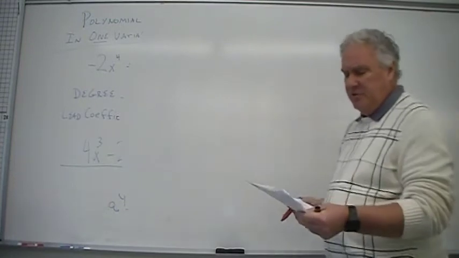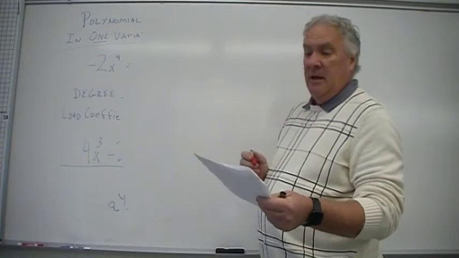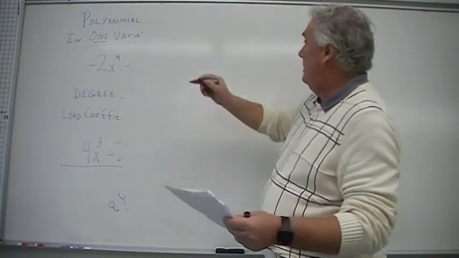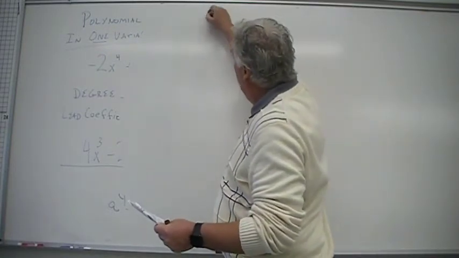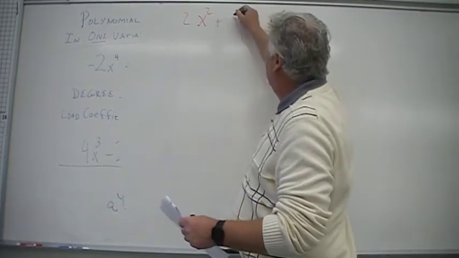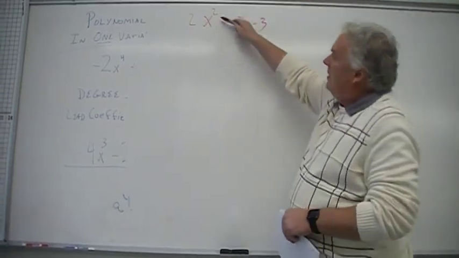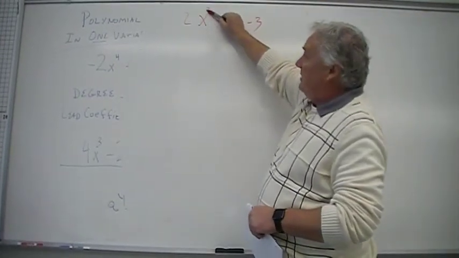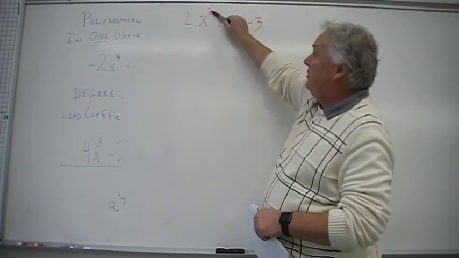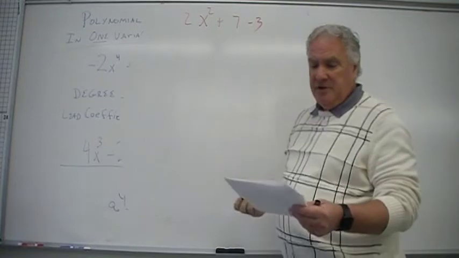And the first one says, if the degree is even and the lead coefficient is positive. So here's one that you know, 2x squared plus 7x minus 3. The degree is even, and the lead coefficient is a positive number. The lead coefficient is 2.